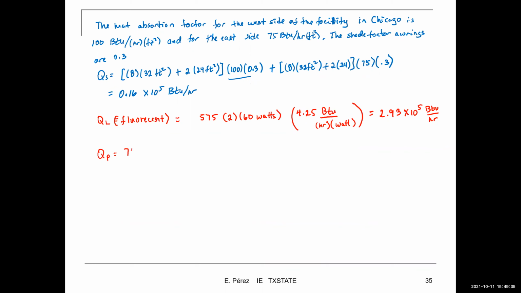So we have 75 men times 800 BTUs an hour, and we have 50 women with a factor of 700 BTUs an hour. And this is 0.95 times 10 to the 5th BTUs an hour.